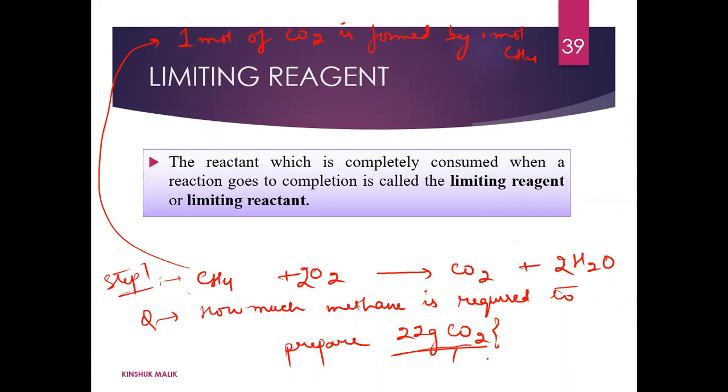So how many moles of CO2 is this? This is 0.5 mole. Okay, the molar mass of CO2 is 44. So if 1 mole of CO2 is formed by 1 mole of methane, then 0.5 mole of CO2 will be formed by 0.5 mole of methane. Yes, exactly.